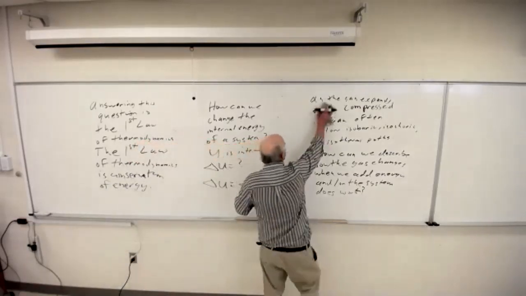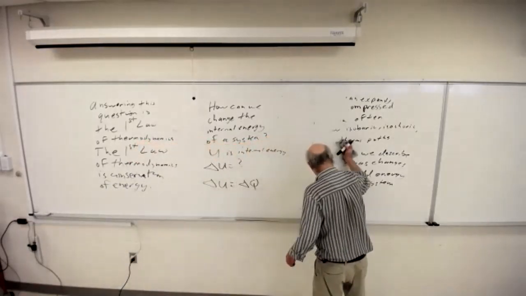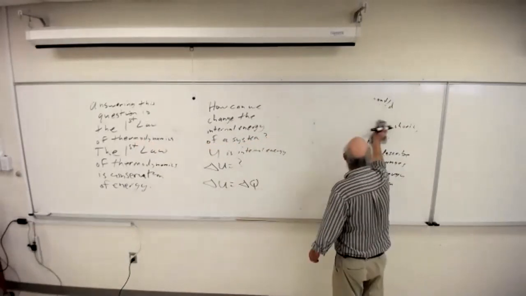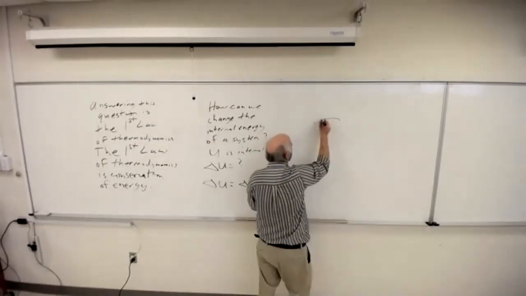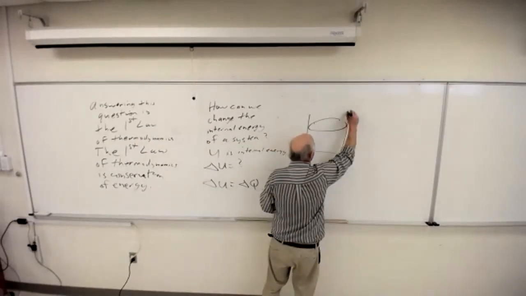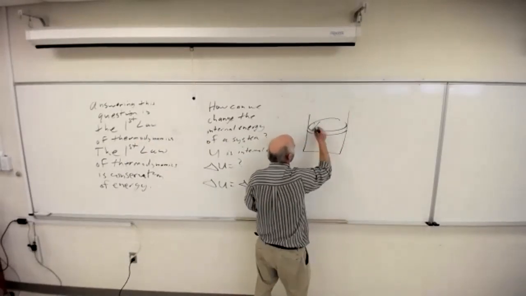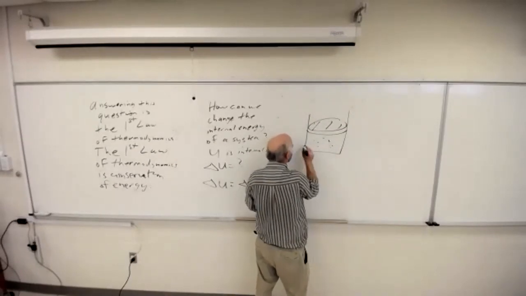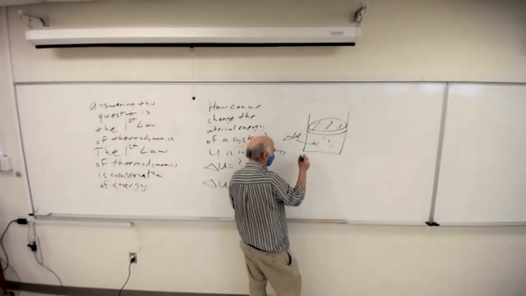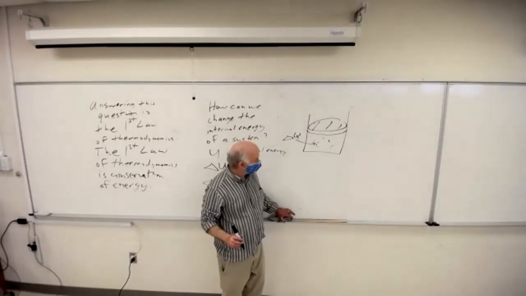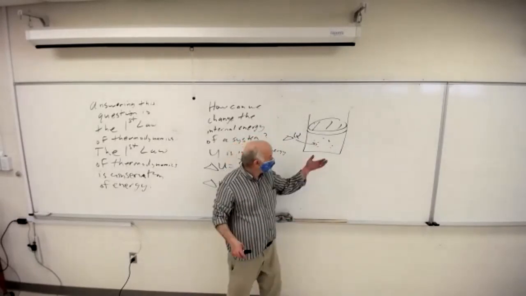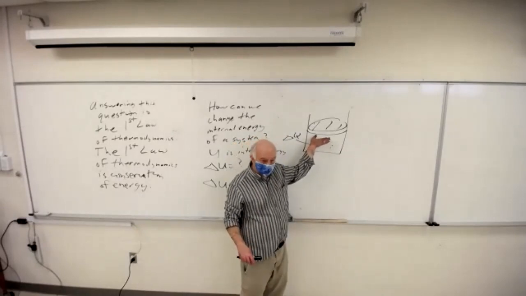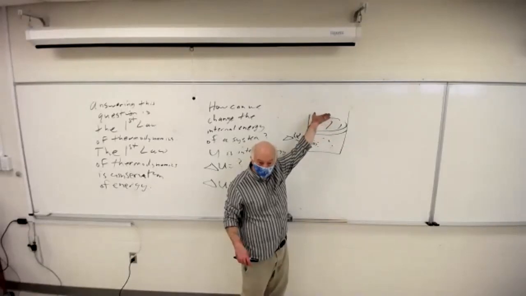Well, let's go back and look at our piston. So I can dump in some delta Q here. What can that do? That can make the molecules move around a lot faster because I'm dumping in heat. What would that gas do to that piston? I might push it up, so it's doing work on it.